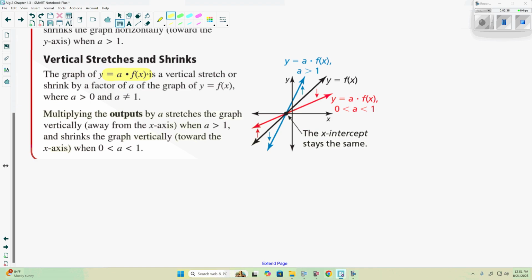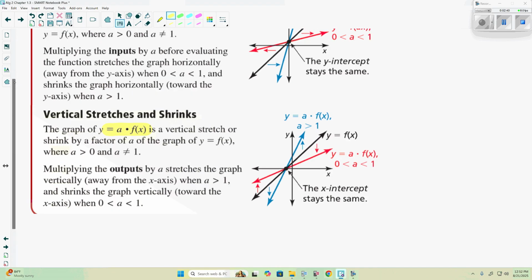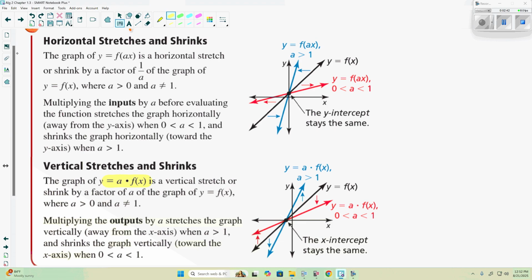I do not like how this is phrased for horizontal stretch and shrink, and I'll point it out here. So the graph of y equals f of ax is a horizontal stretch or shrink by a factor of 1 over a of the graph of y equals f of x, where a is greater than 0 and different than 1.